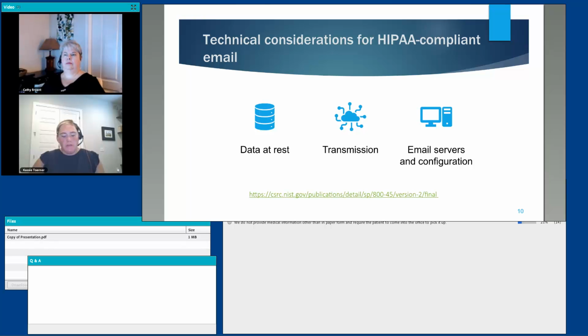So once you've determined your types of email, the technical considerations, which we've kind of hinted at already, are your data at rest and your transmission and your email servers and how those are configured. So how are you restricting the access and monitoring that the PHI is being communicated appropriately at rest and during transmission?